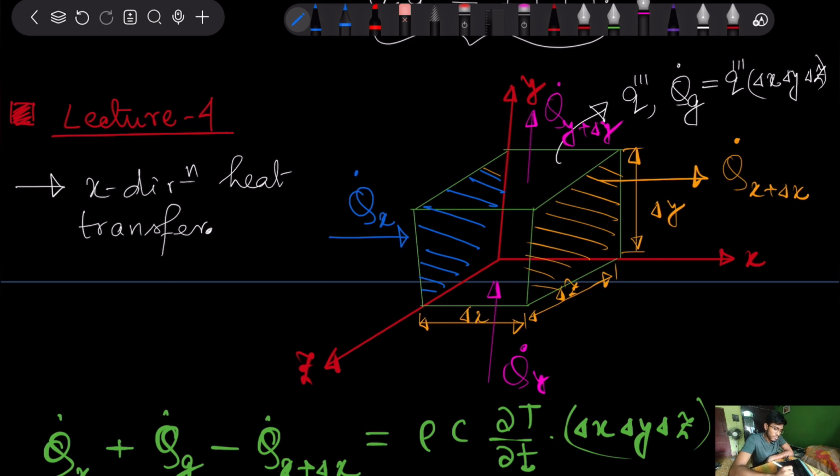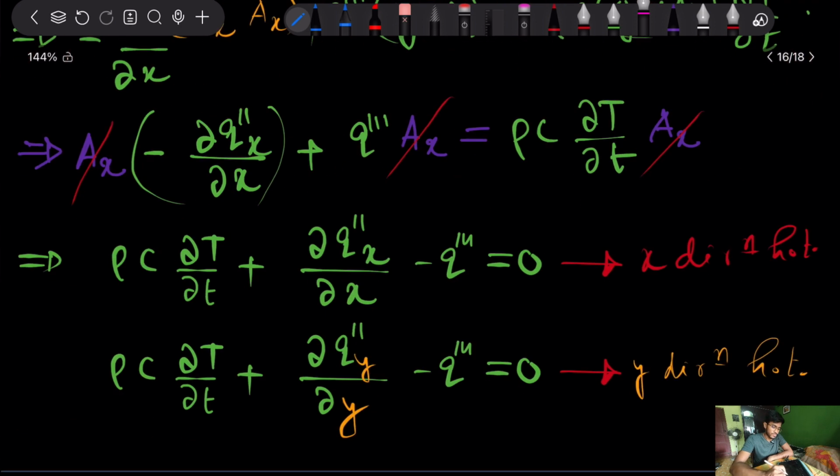And from the backward face you will have q dot z, and from this front face you will have q dot z plus delta z. So you have to incorporate all these heat interactions from 3 directions.